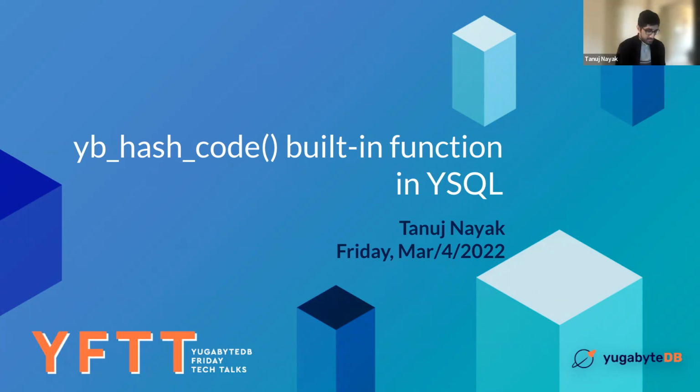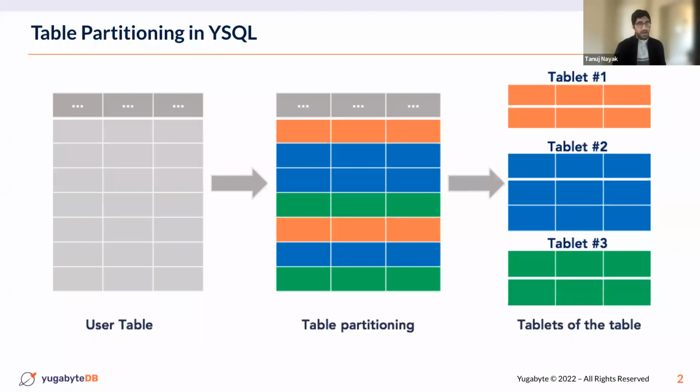Again, starting from where I left off, we're going to be talking about table partitioning in YSQL, wherein we have tables that are split into various tablets that we can throw all across the globe, all across your clusters.